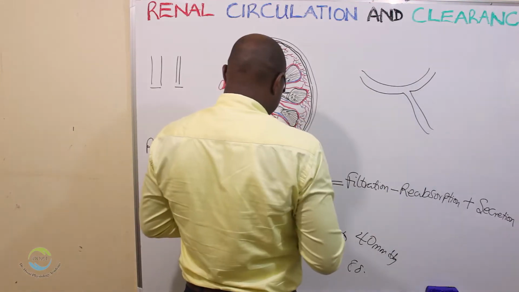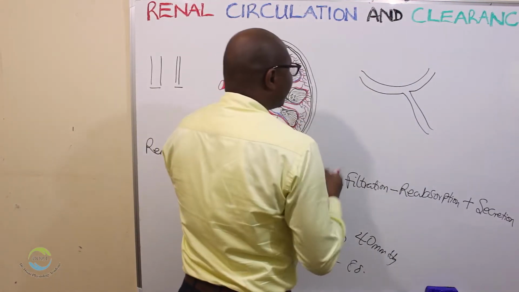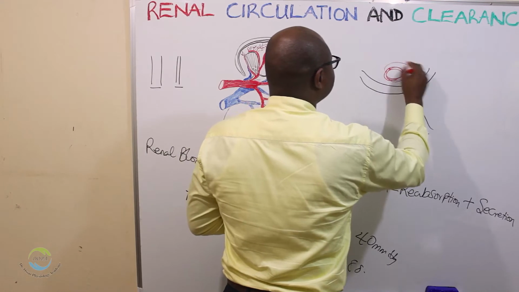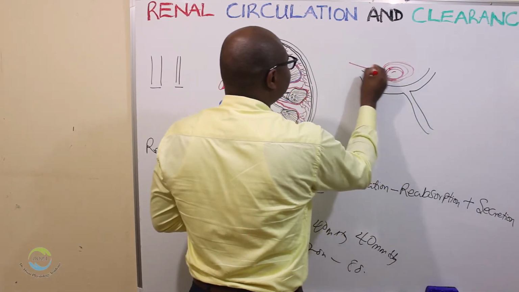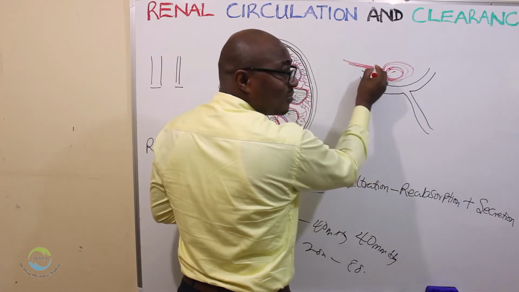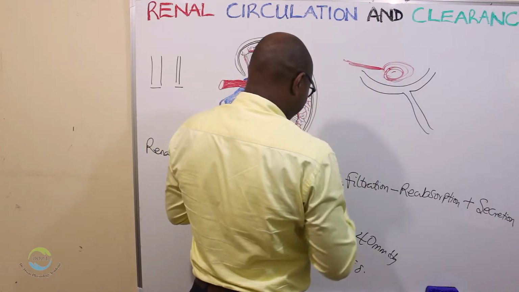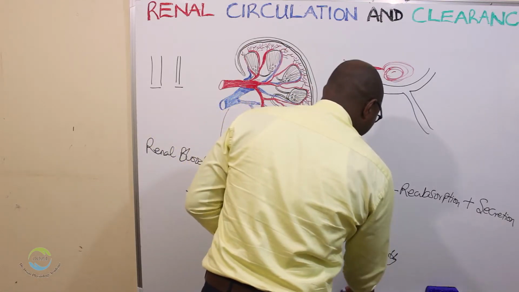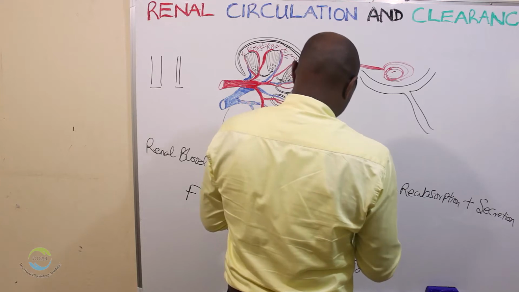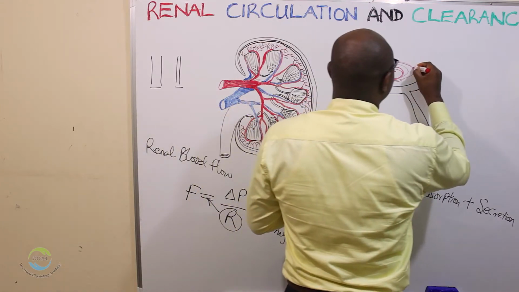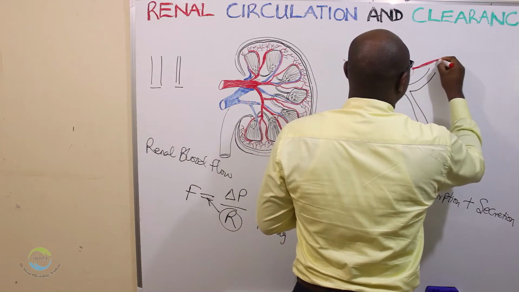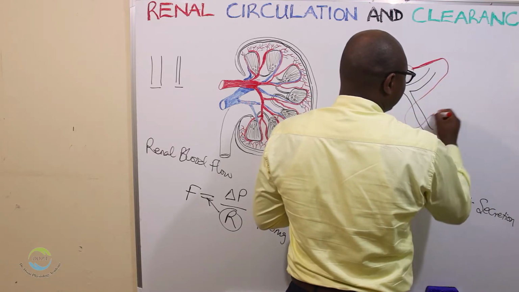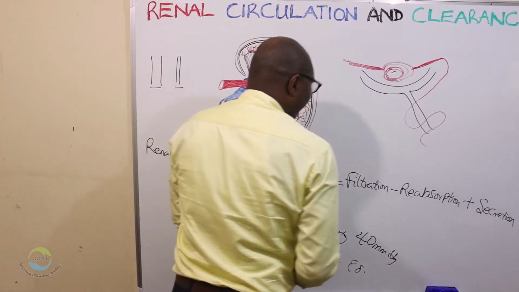Now, the glomerular capillaries are here like this. Then you have the afferent. Remember, we have the afferent that supplies this. And we have the efferent, okay? The efferent goes like this and becomes the peritubular capillaries. All right?